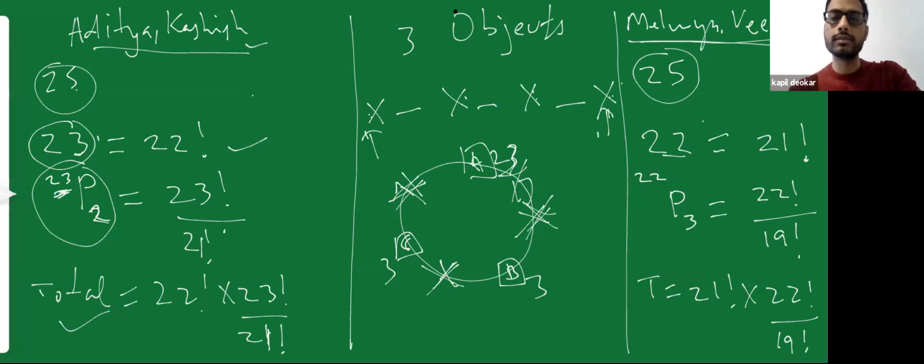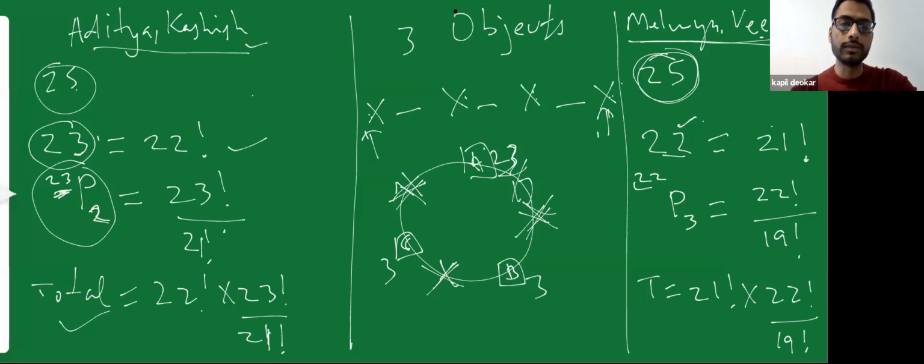I'll repeat once again how it was done. There are 25 people in total, out of which I don't want Melvin, Veer, Om to be together. So if I don't want something to be together, it's simple. I'll just forget about them. So if I forget about these 3 objects, remaining objects are 22. And 22 objects can be arranged in 21 factorial ways. Now I have to place Melvin, Veer and Om. So number of places for them will be 22.